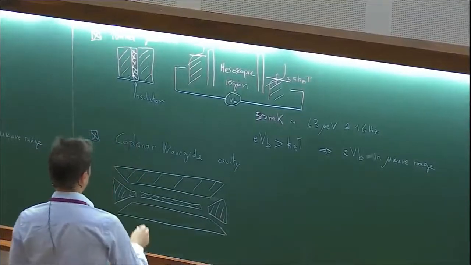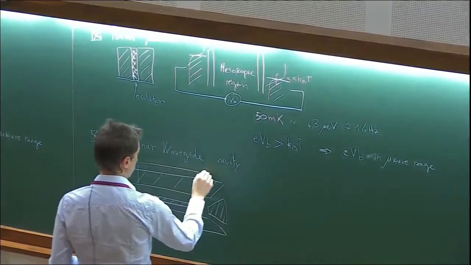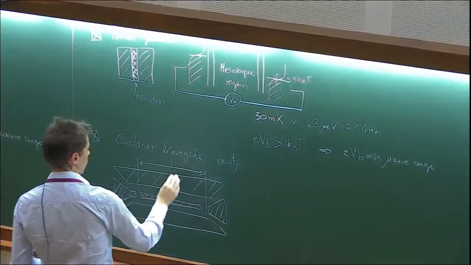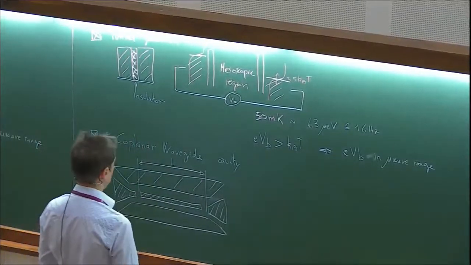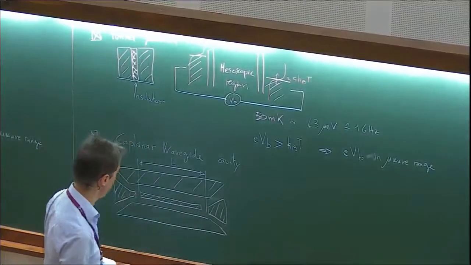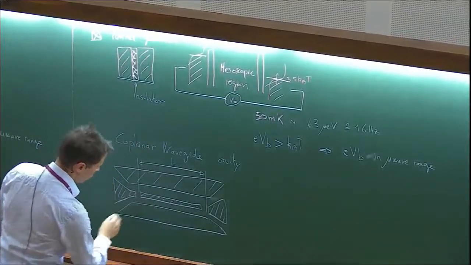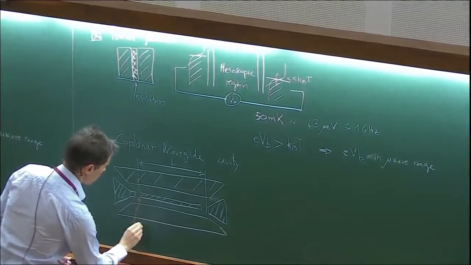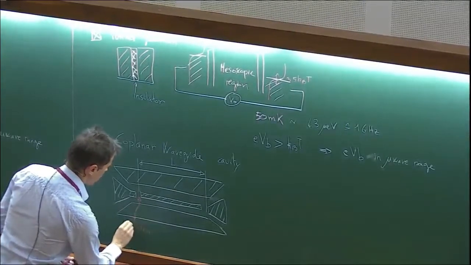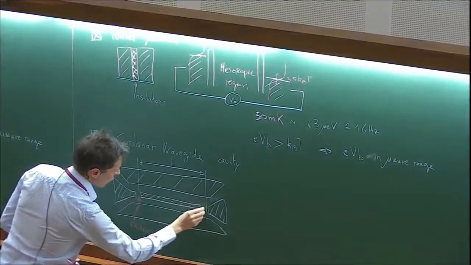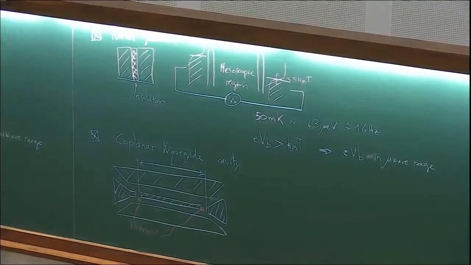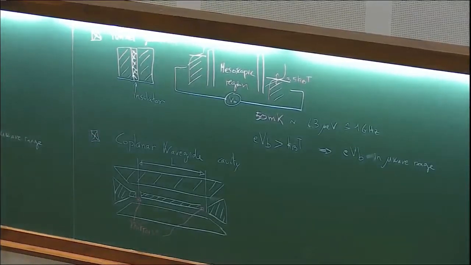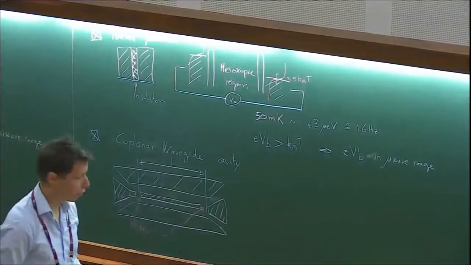Okay, and so this has a length here. I mix the notations. So these are my mirrors. These are the mirrors of the cavity here. So the mirrors are, in fact, cuts in the central conductor of the cavity.